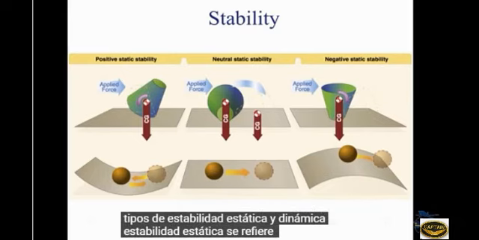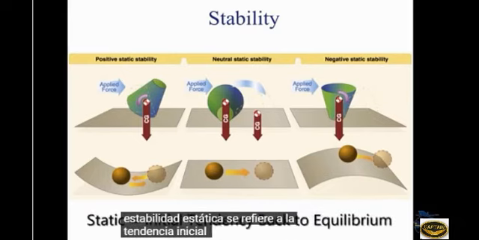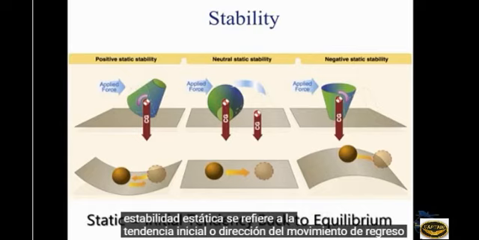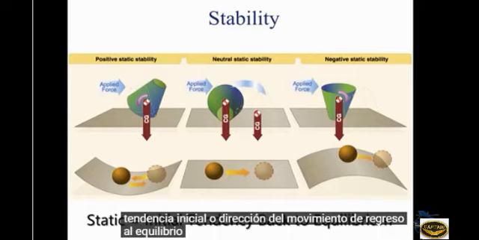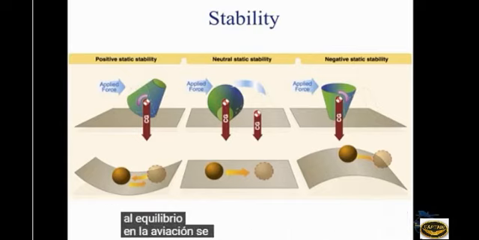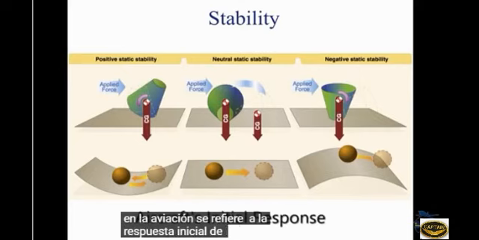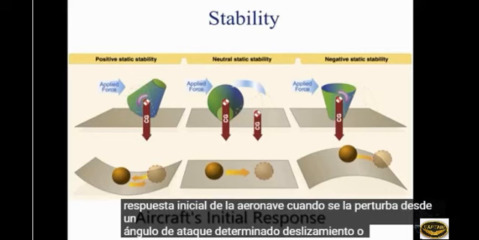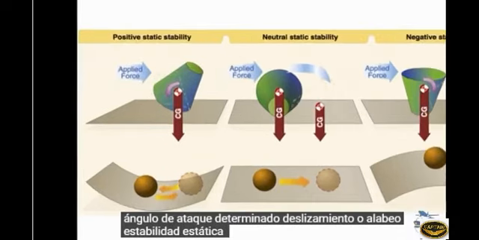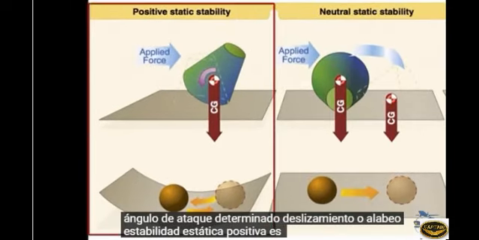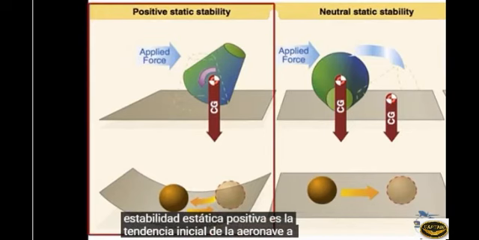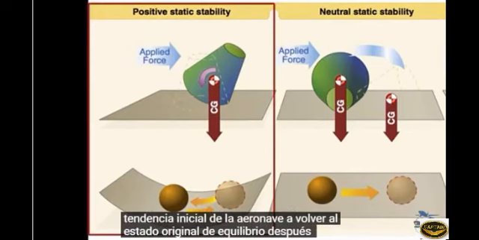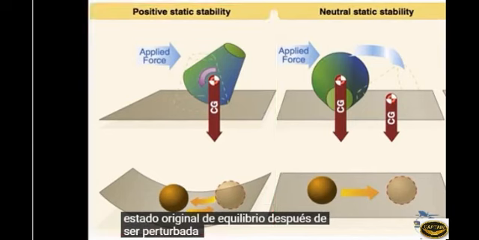Static stability refers to the initial tendency or direction of movement back to equilibrium. In aviation, it refers to the aircraft's initial response when disturbed from a given angle of attack, slip, or bank. Positive static stability is the initial tendency of the aircraft to return to the original state of equilibrium after being disturbed.